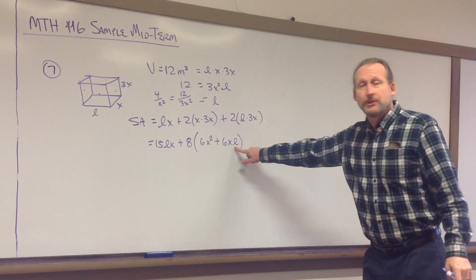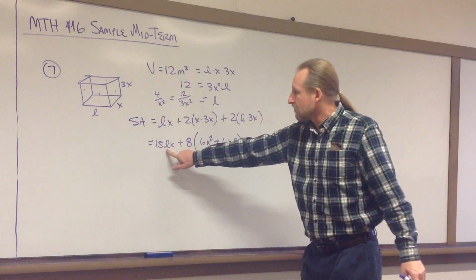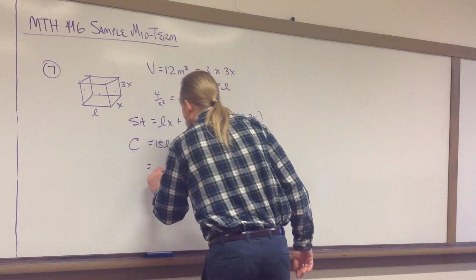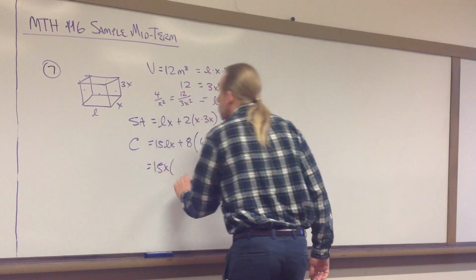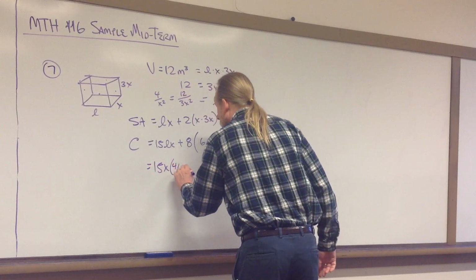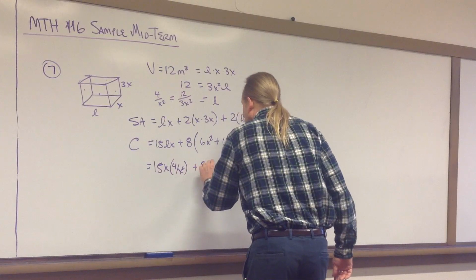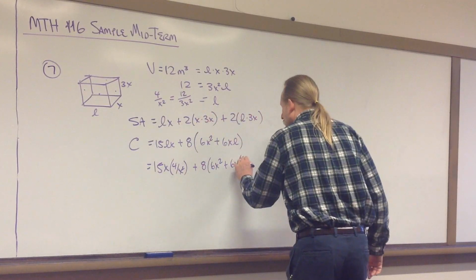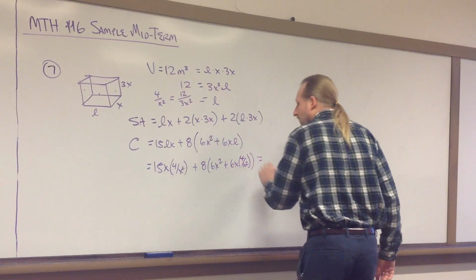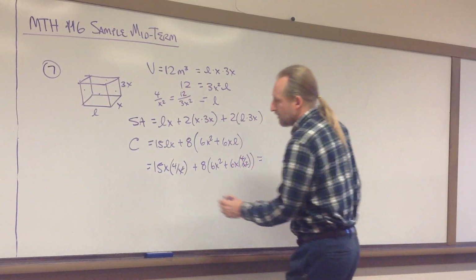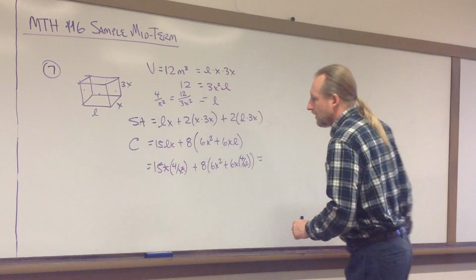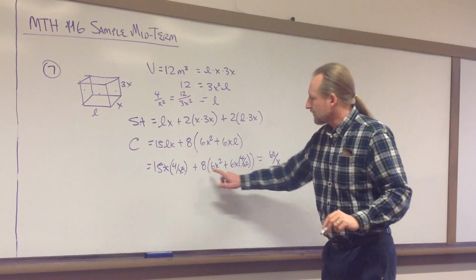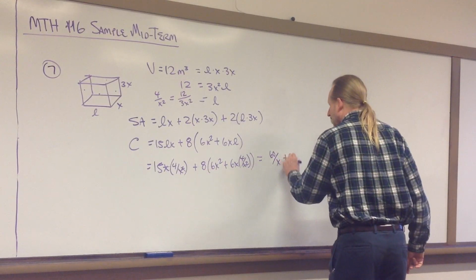And that's what we're going to substitute in right here and right there for the L. So this is our cost function now. So that's going to be 15x times 4 over x squared, and then 8, 6x squared, 6x times 4 over x squared. All right, what do we got here? This is kind of a mess. This is going to cancel one of those, and that'll give us 60 over x. This is just going to be 48x squared.